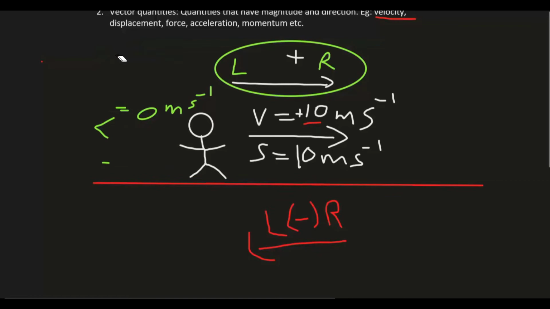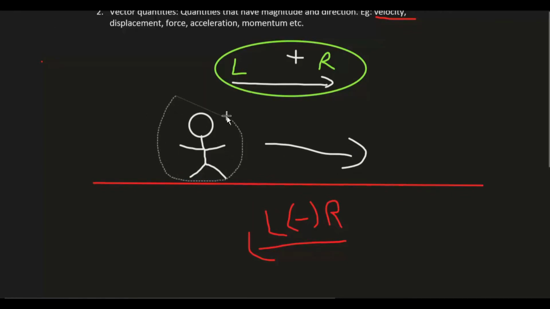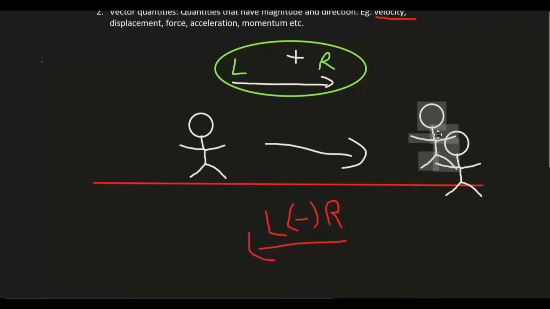Let's remove the velocity and we will keep this direction. We will use it, and suppose that this friend of mine again, he traveled in this direction and he traveled a total of 10 meters.